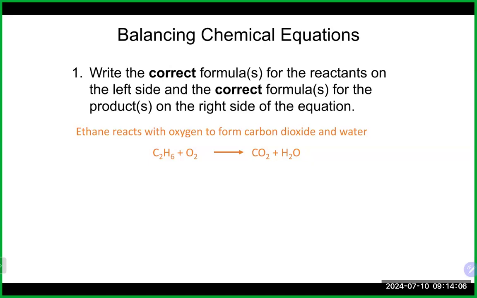There are certain things that you can look at when you balance the equation that could help you, but a couple of really important things: when we have the equation completely balanced, all of the coefficients, and that is, by the way, the only thing that we can change when we are balancing an equation, need to be whole numbers. They also need to be the simplest set of whole numbers.